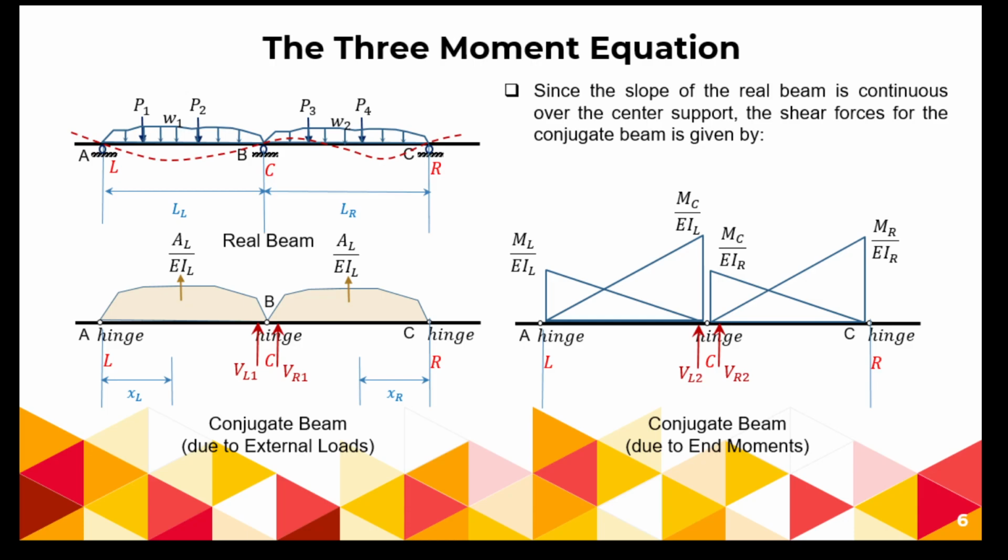Okay, next. So the equation, the shear force for the conjugate beam is given by this, the shear at the left support plus the shear of the second support, L sub 1 and L sub 2, minus the shear at the right support, so first, and we have the shear at the shear number 2.